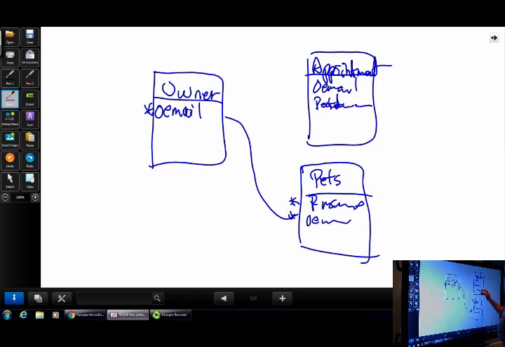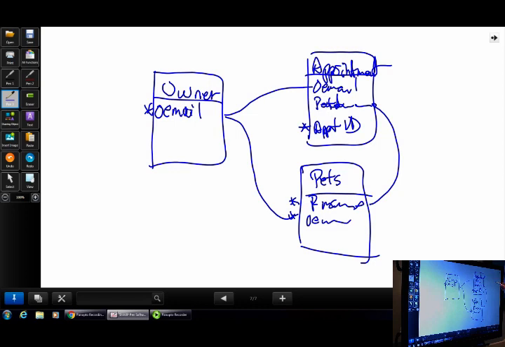I'm going to have an appointments ID, which is going to be my primary key. Now, the owner's email relates back over here. The pet name relates down here. So they all connect together. But it doesn't have to be a circle.